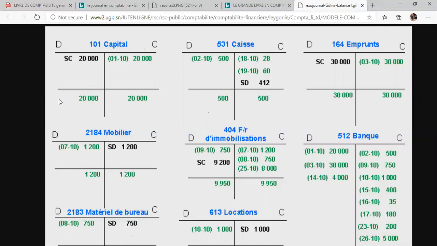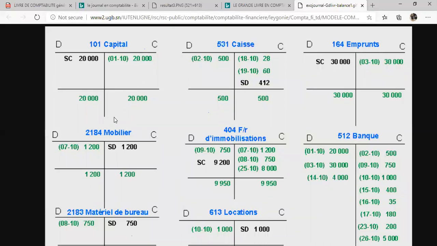Like I said before, we have codes running from 1,000 to 8,000, and this one is in chronological order of those codes. All the codes which start with 1 are placed first, all the codes which start with 2 second, 3, and so on. So we have the compte capital.